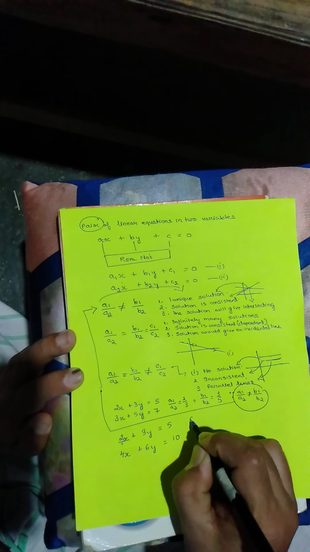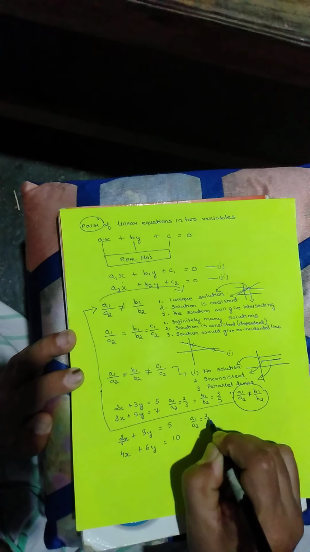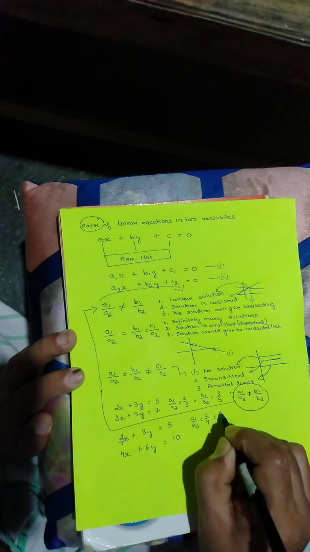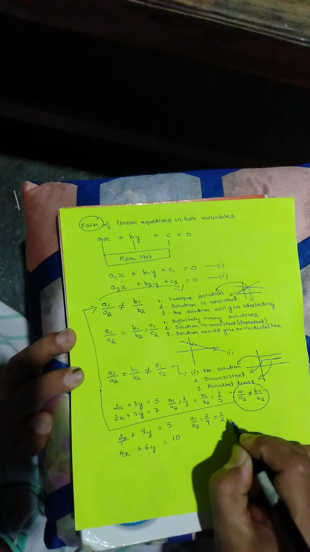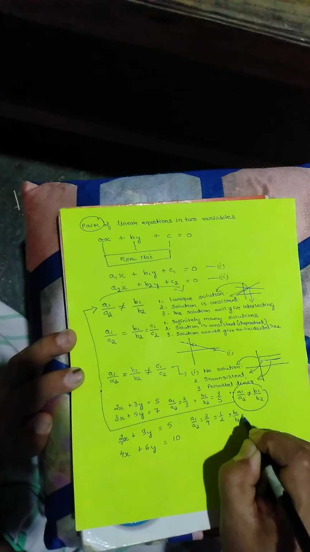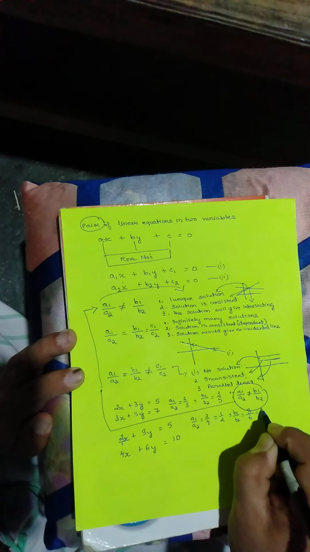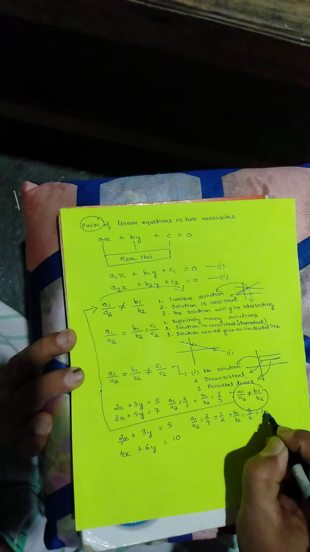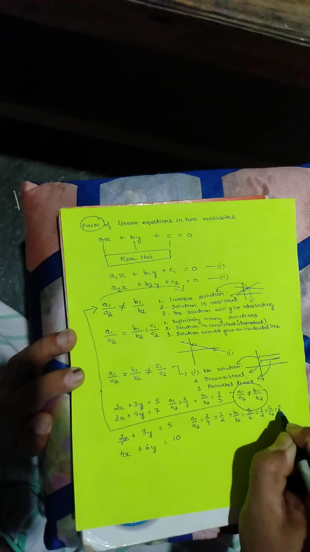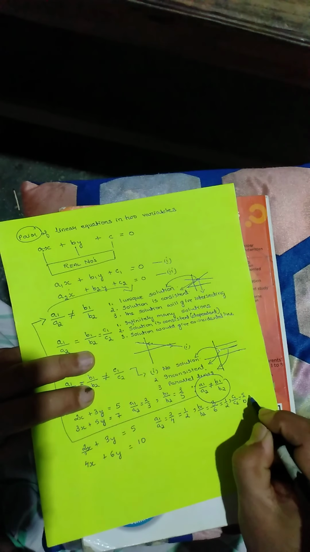Here you would notice that a1 upon a2 is equal to 2 by 4, which is equal to half. b1 upon b2 is equal to 3 by 6, which is again half. c1 by c2 is equal to 5 by 10, which is again half.